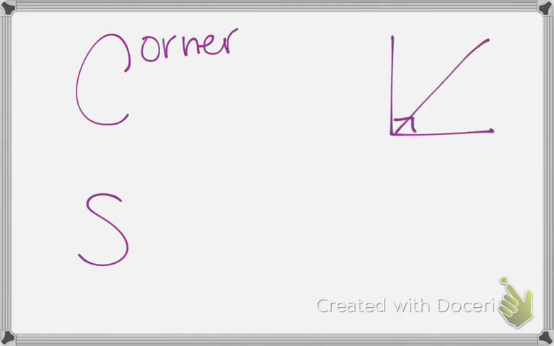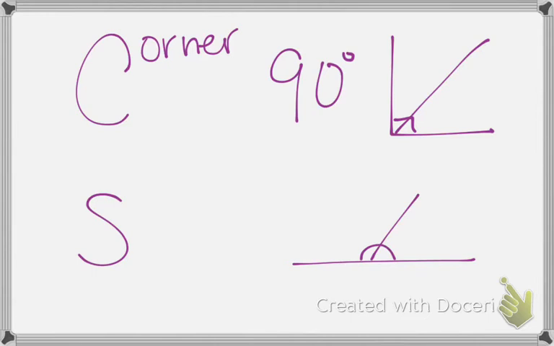Here's how you can remember the difference between complementary and supplementary. So complementary, you can think of corner. Because remember, complementary, they come together and they form a right angle, right? All of the corners in life are going to be right angles. So that's how you can remember 90 degrees. Complementary, corner. Supplementary, remember supplementary, what did it look like? A straight angle. So supplementary, straight, that's how you can remember 180 degrees.